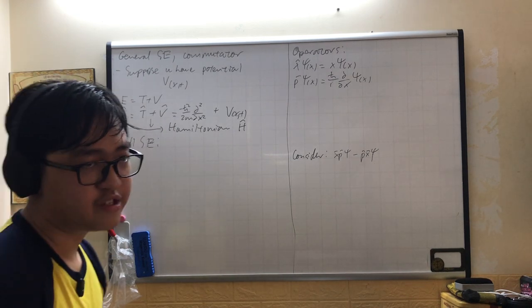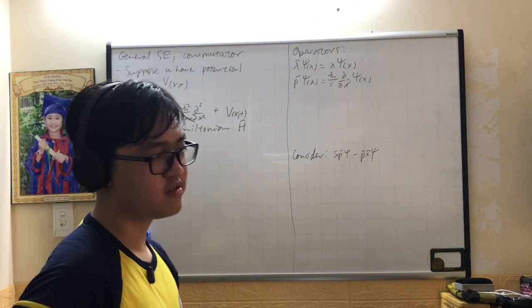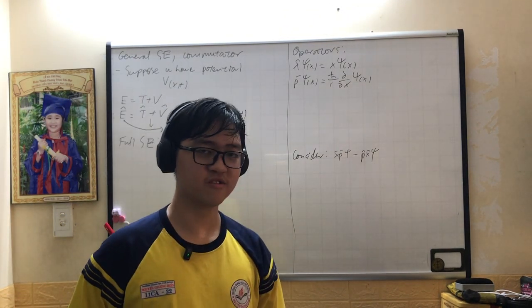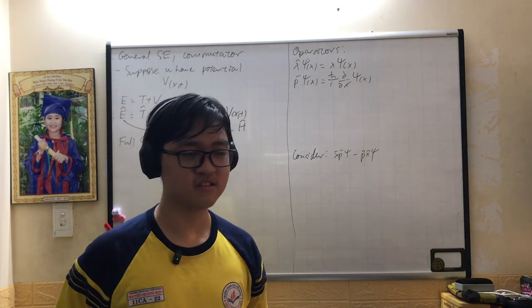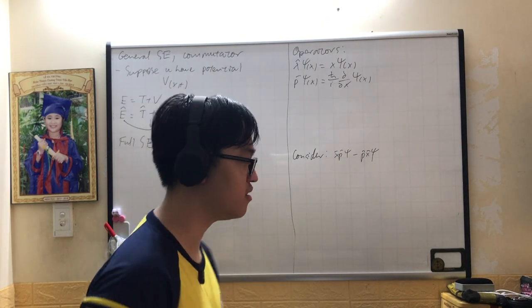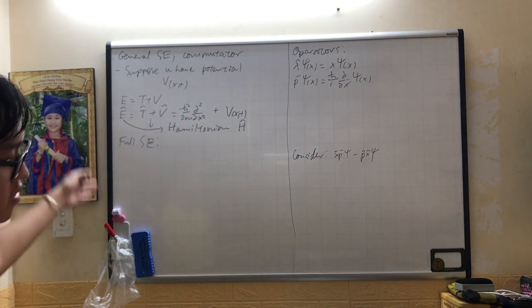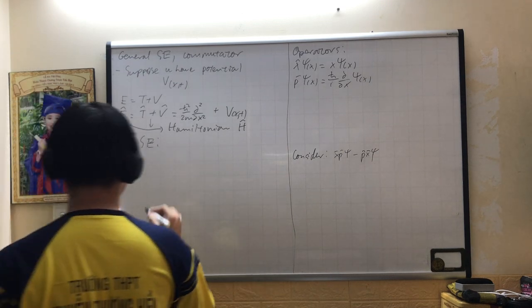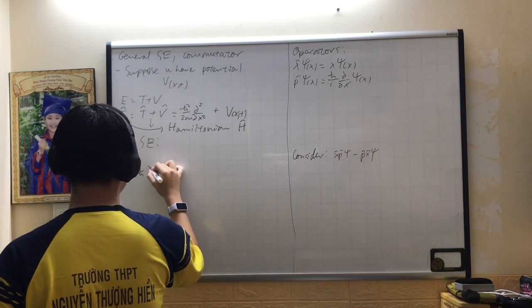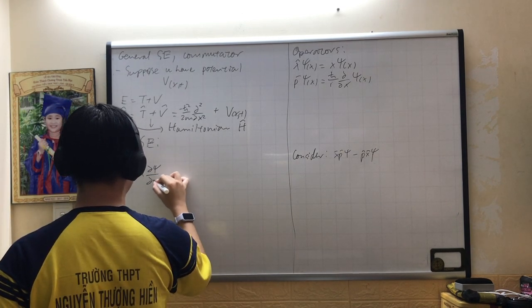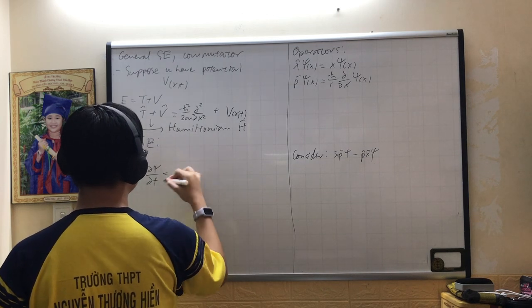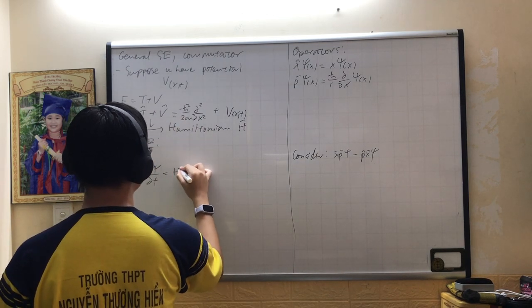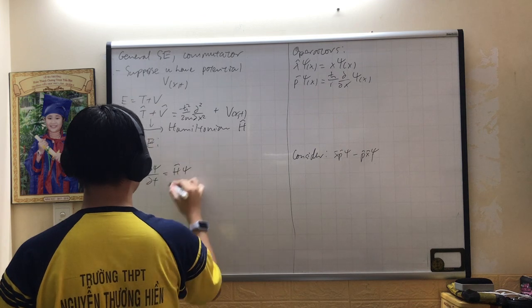As you remember from last lesson, the free Schrodinger equation has a time dependence part and an energy part, and the full Schrodinger equation is basically the same. You would start with the time dependence part. This would equal to H psi.